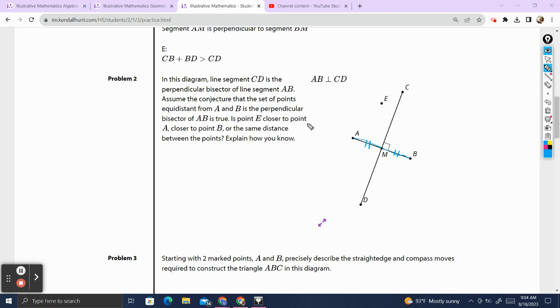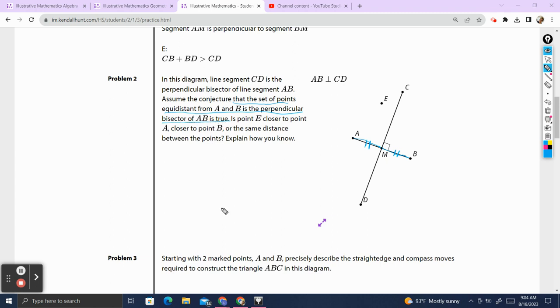Is point E closer to point A, closer to point B, or the same distance between the points? Explain how you know. So I got to read that again. Assume the conjecture that the set of points equidistant from A and B is the perpendicular bisector of AB true.